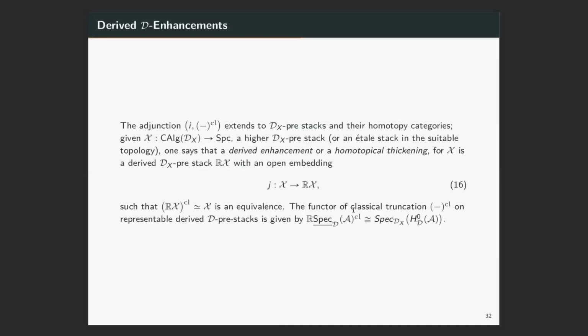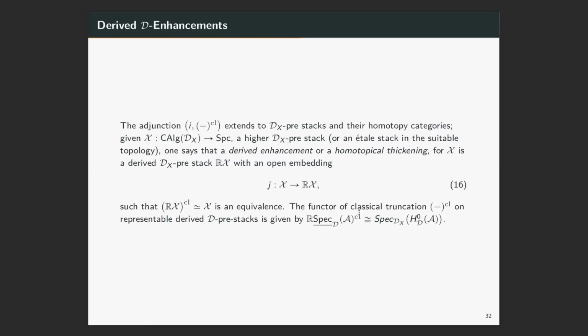Okay, so derived D enhancements are, if you remember this diagram I gave at the beginning, pointing to going from D schemes to derived schemes, and showing these arrows that go from sets and groupoids to the other one. You have an adjunction that embeds a D scheme into a derived one. So what is that?